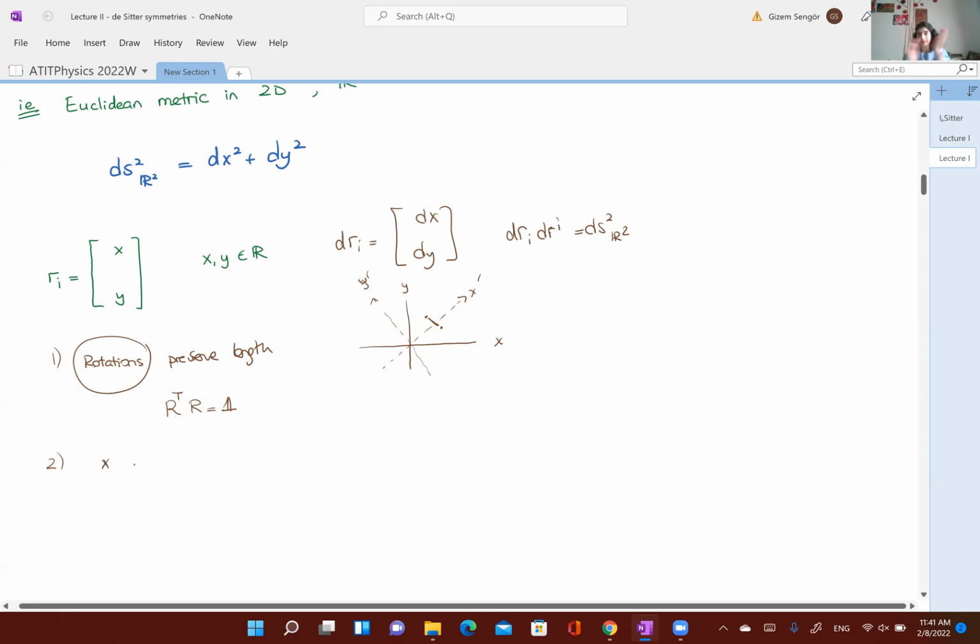Second, notice that if I move my coordinates by a fixed amount, like shift them to the right or up, so if I let x go to x plus a, the distance between 2 points along the x direction will not change.